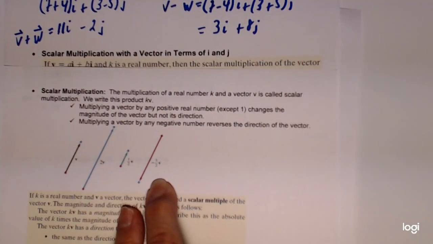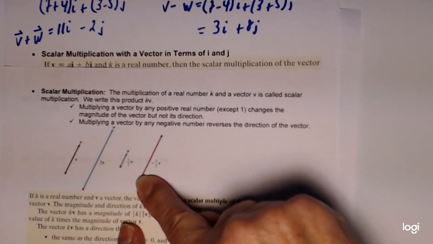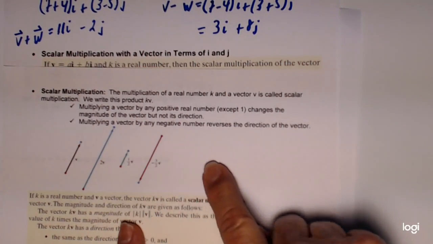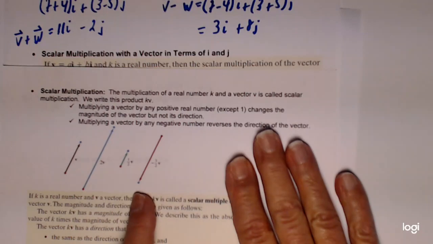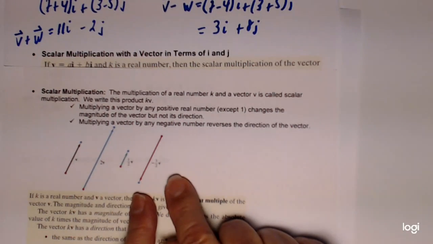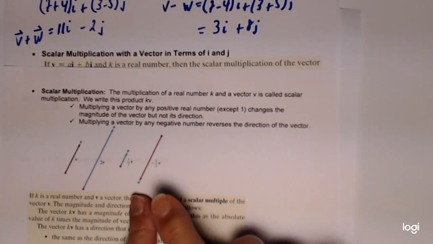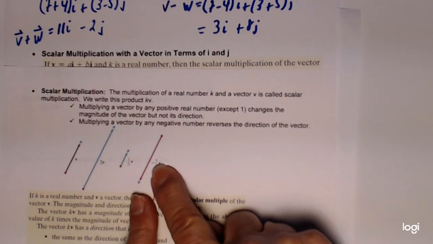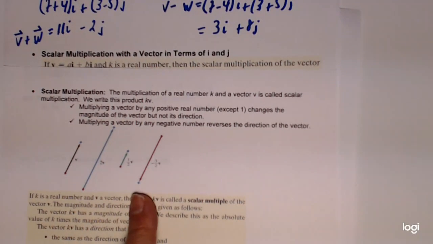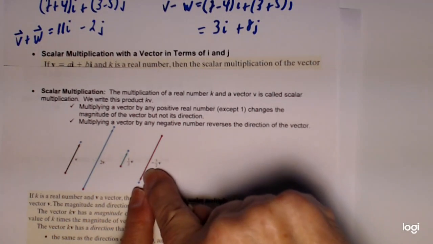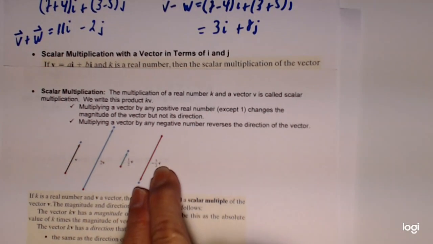Here, the scalar is -3/2 v. Again, we can see the slopes of all of these are the same, so we're not changing the direction. What we're changing is, well, let me back that up a minute. With this negative, we are changing the direction, not the slope, just the direction that we're traveling in. We have two things going on.